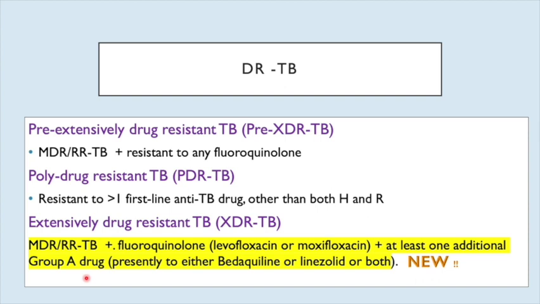This is a major change because now we have phased out injectables from managing MDR TB. So we are not using injectables or aminoglycosides in the definition for XDR also.